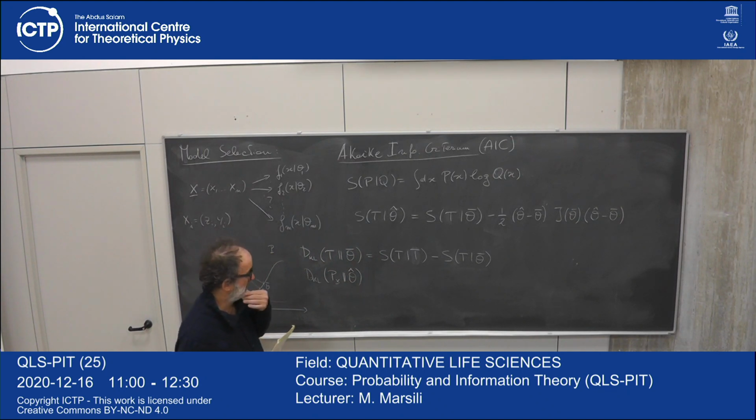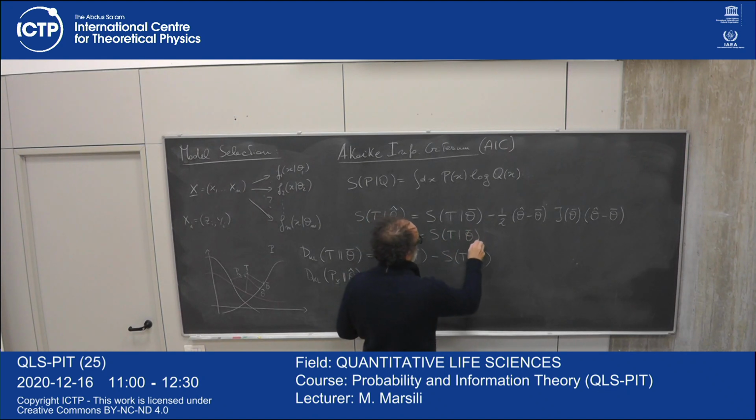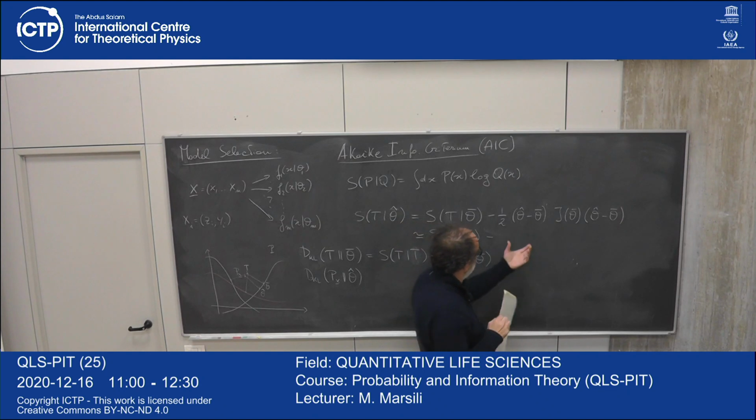Well, the idea of IKEK is to say that this can be estimated by saying that the variable theta hat is like a Gaussian variable around theta bar, and its covariance is given by the inverse of the Fisher information.